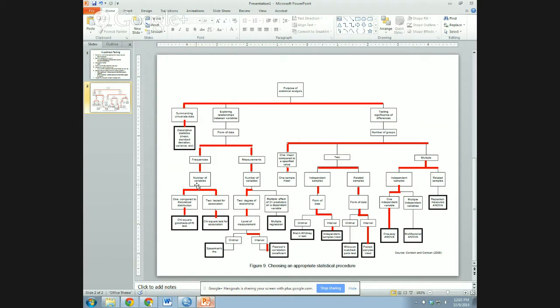How do we decide which test statistic we're going to use next? The next question is, are we comparing the frequencies of a sample distribution to a theoretical distribution? If so, we're looking at the chi-square goodness of fit test. Are we looking for associations between multiple variables in our sample?